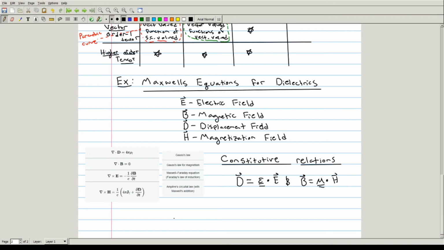Now, for a material that is isotropic and constant, the relationship between D and E doesn't depend on direction.